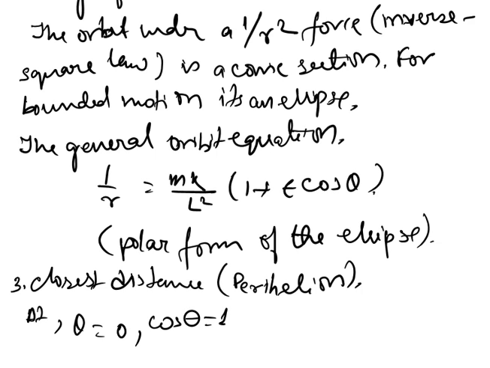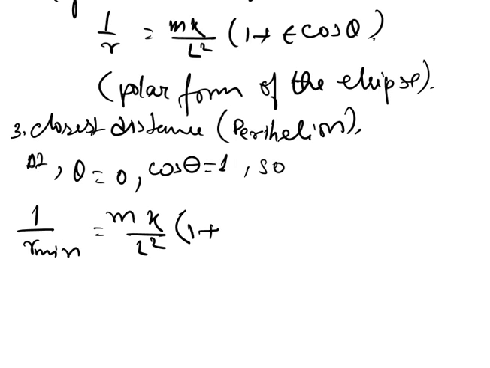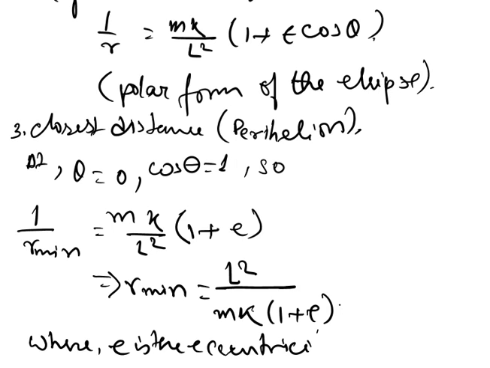So we have 1 by r minimum equal to mk by L square into 1 plus e, which implies r minimum equal to L square by mk into 1 plus e, where e is the eccentricity of the orbit, right, determined from the total energy and the angular momentum.